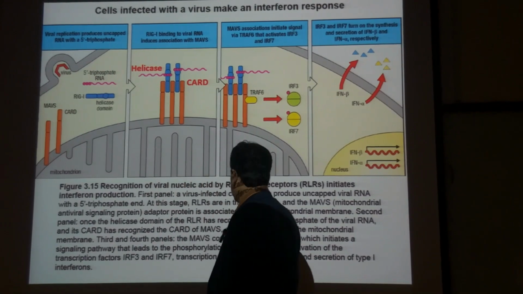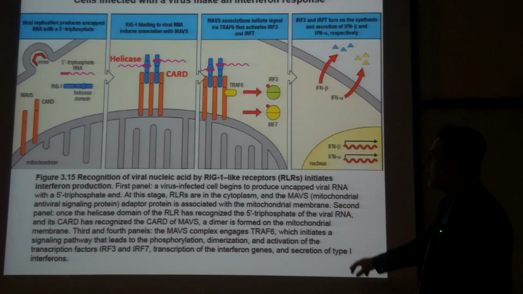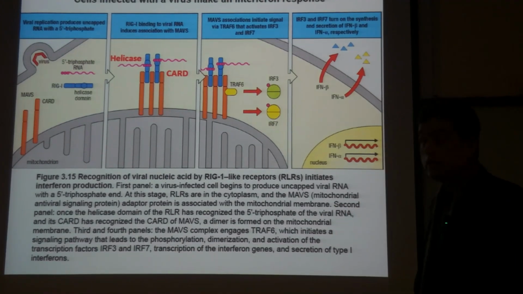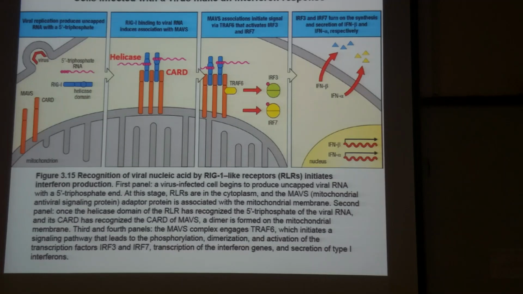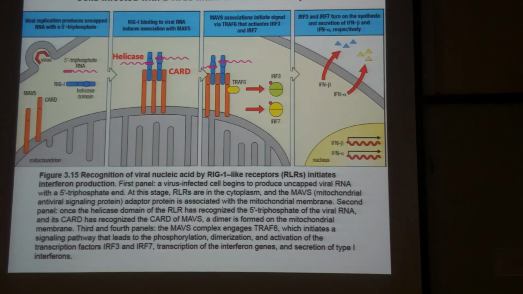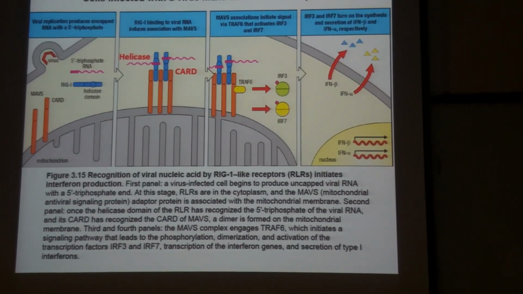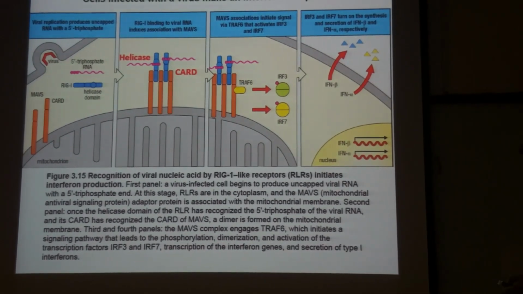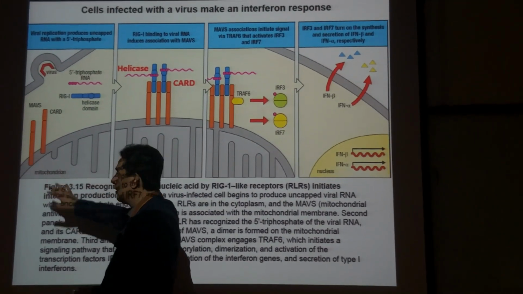This is MAVS, okay? What is MAVS? It is given here. This is the mitochondrial antiviral signaling protein. So it means this is an important part of the antiviral response of the cell, that there is this MAVS present here on the surface of mitochondria. Okay?